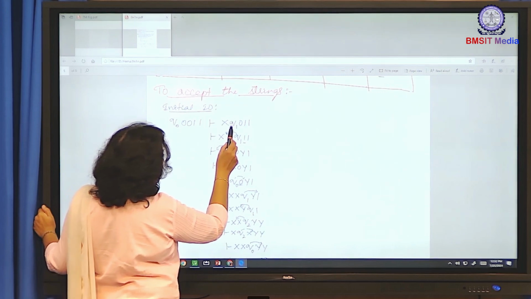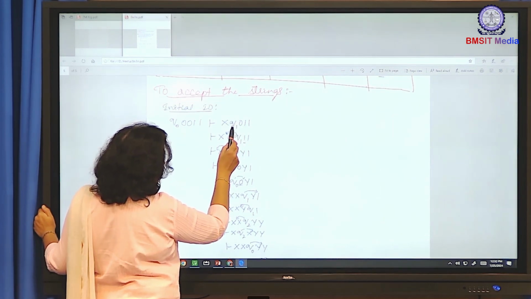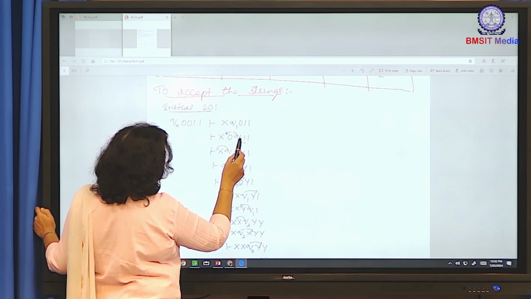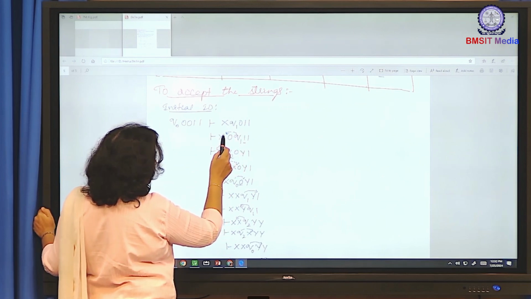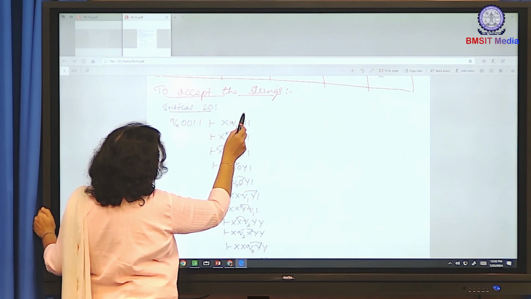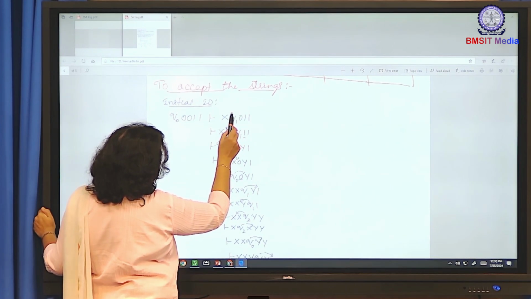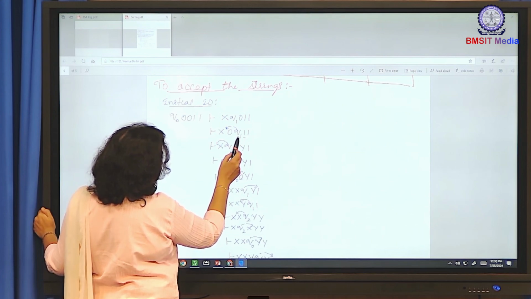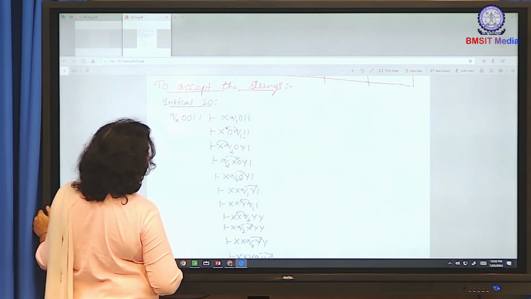Now what do I have? Q1 on 0. When I see Q1 on 0, I have to move to the right. So I go to the next place: X0 Q1 11. Now I am in state Q1, I see a 1.